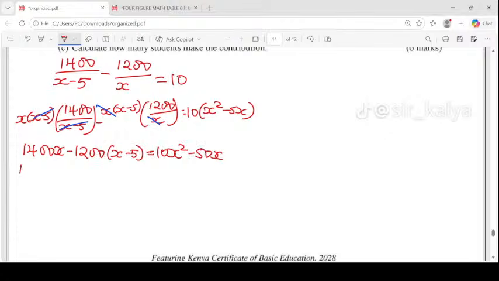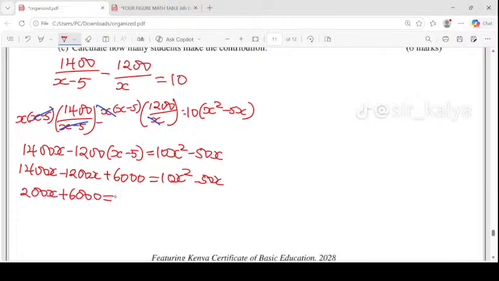So this will become 1400x minus 1200x plus 6000 is equal to 10x squared minus 50x. So this becomes 200x plus 6000 is equal to 10x squared minus 50x.